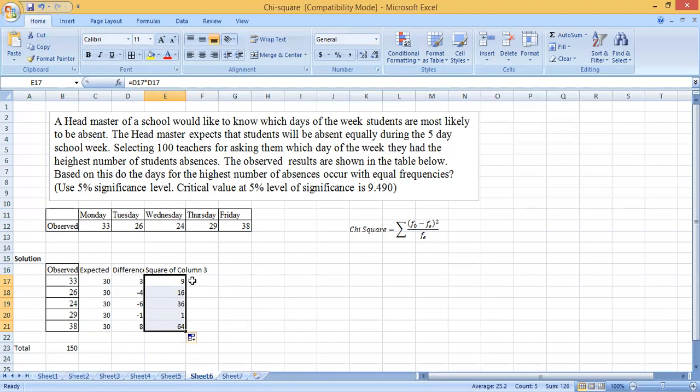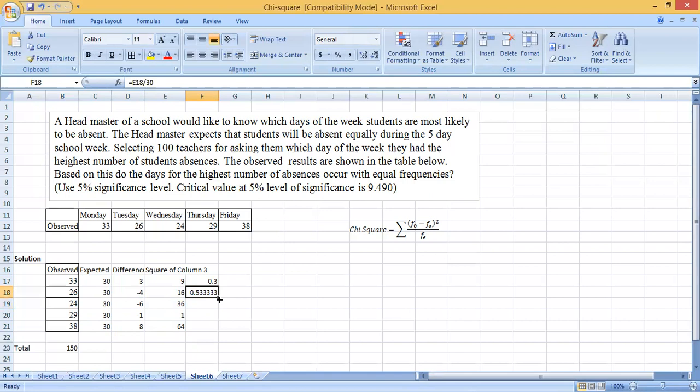Now we have to divide these numbers by the expected value. Expected value is 30, so 9 by 30, and in the same way 16 by 30.